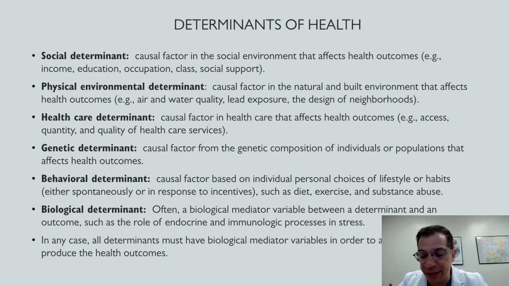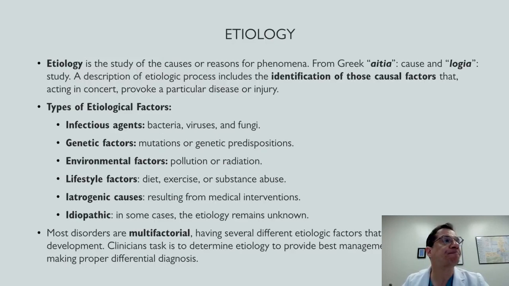There will always be a biological mediator for all of these other determinants of health to be able to change or influence the health and disease status in a person.